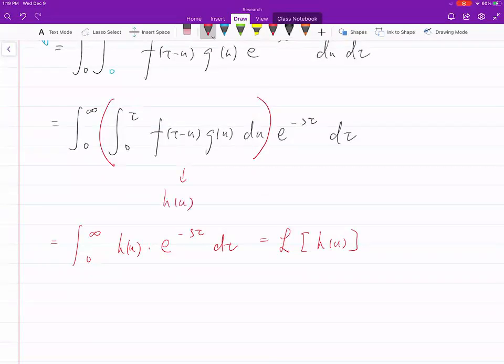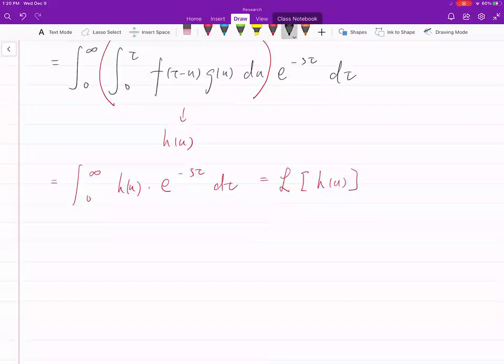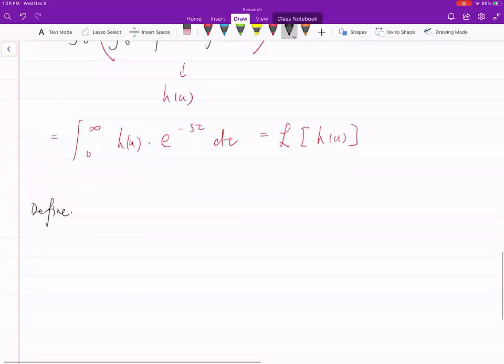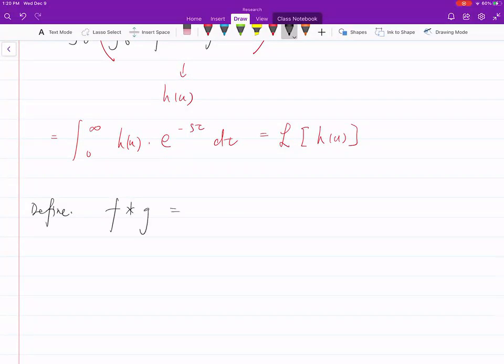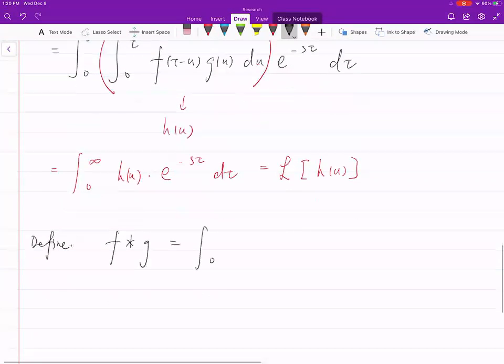And this thing in the parentheses is going to be f ∘ g, f convoluted with g. So define f convoluted with g equal to this. Let's change τ to t because we're more familiar with t, but really it's just a change of name.